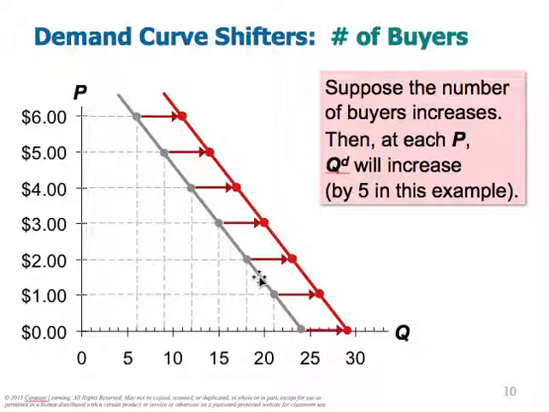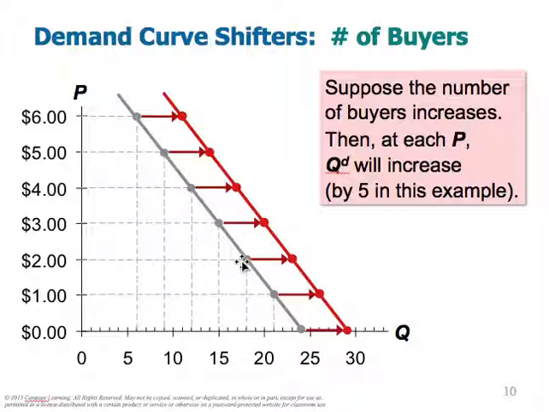Now, because the number of buyers has increased, at the same price $1, the quantity demanded is not going to be 21 anymore. Rather, it's going to increase from 21 to 26, only because the number of buyers increased.